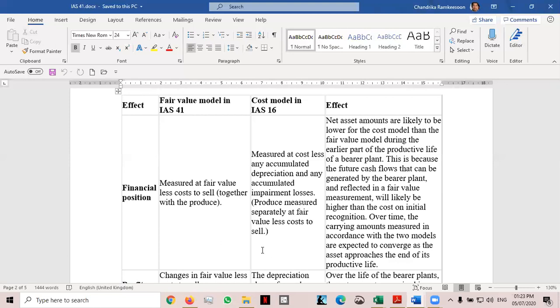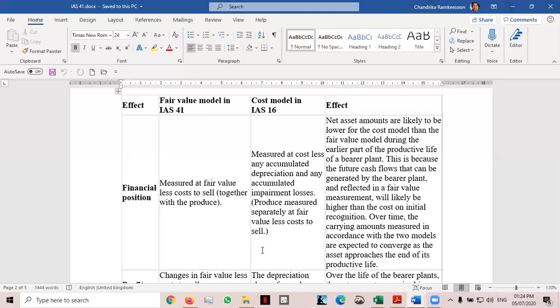Effect, net asset amounts are likely to be lower for the cost model than the fair value model. Now, this is a very important distinction, because what we saw here is that according to IAS 41, the fair value model must be used. Well, fair value less cost to sell. And of course, we look at some examples shortly.